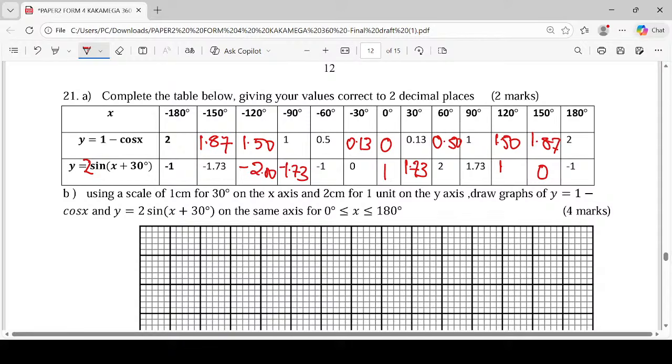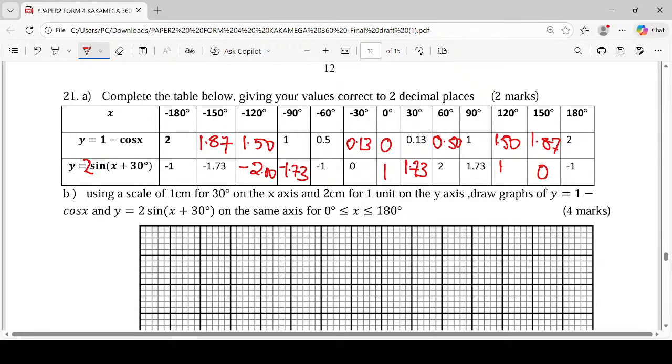So using a scale of 1 centimeter for 30 degrees on the x-axis and 2 centimeters for 1 unit on the y-axis, draw the graph of y is equal to 1 minus cos x and y is equal to 2 sine x plus 30 degrees on the same axis for x ranging from 0 to 180, 4 marks.